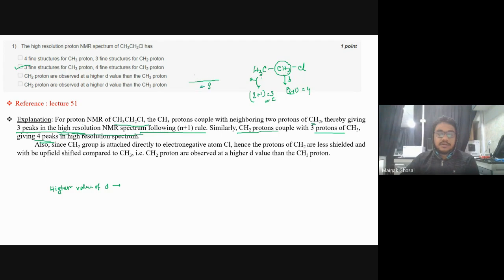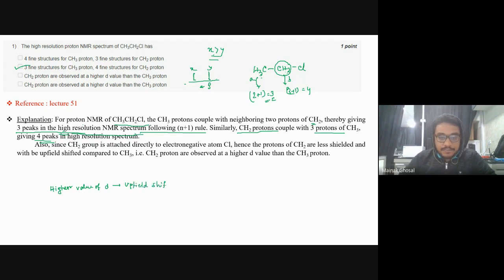Suppose I am naming them XY, since AB I have used. Suppose this is X, this is Y. So which one is higher in delta value? X, because from left to right it is increasing. So if X is higher in delta value, that means it is downfield shifted. So higher value of delta means downfield shift.